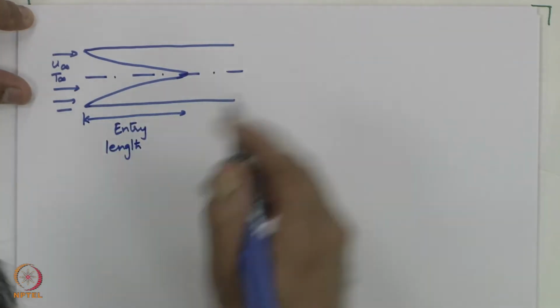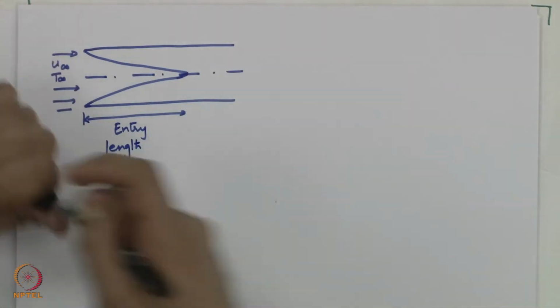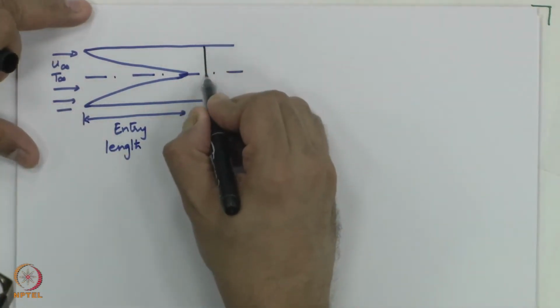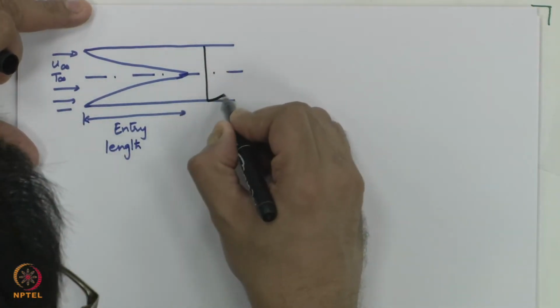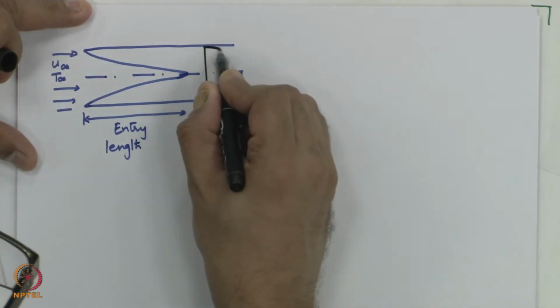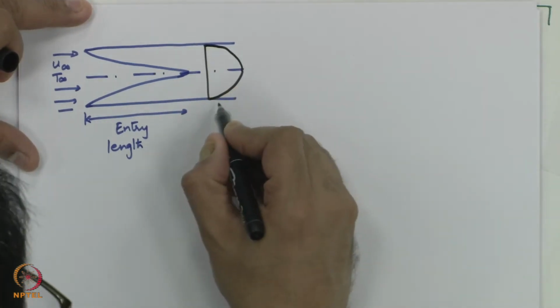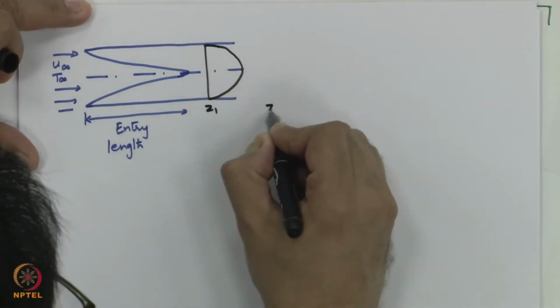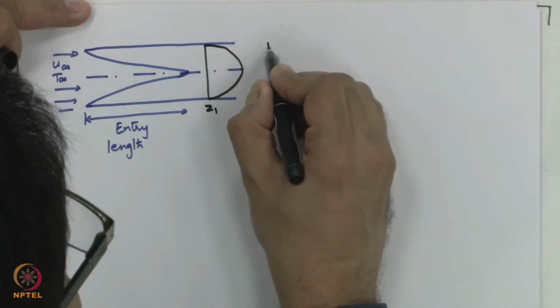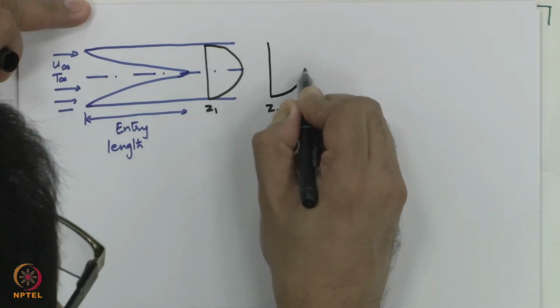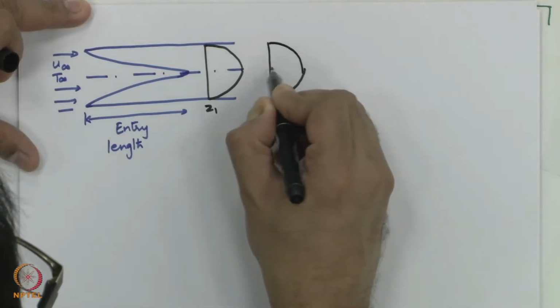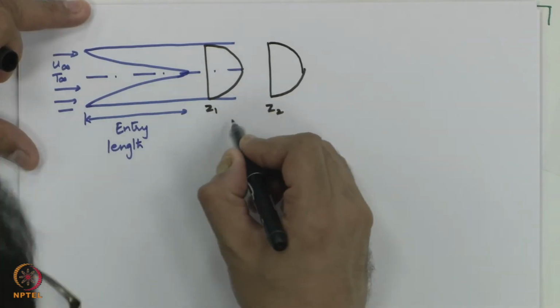Beyond this point, we said that the velocity distribution is parabolic, or symmetric about this position, and at some Z1 and another Z2 in the pipe, you have an identical velocity distribution. So, we said that the profiles are identical.